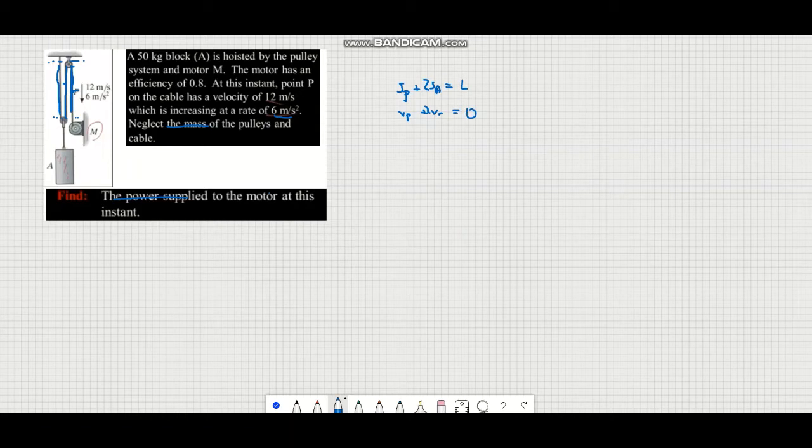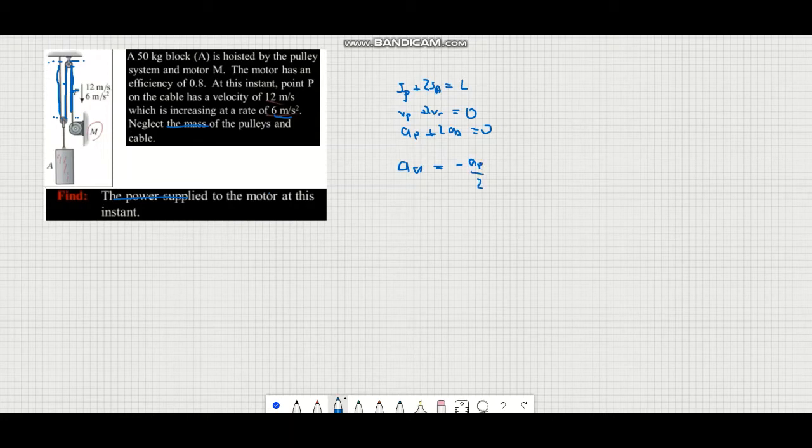And if we take another derivative, the acceleration of point P plus 2 a_A, which is the motion of this block, is going to be 0. If we take a_A on the left side, we can calculate it as minus a_P over 2.